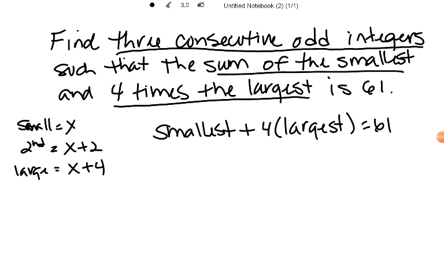So if we assign the smallest was x, the largest we said was x plus 4, and that equaled 61. So let's distribute.